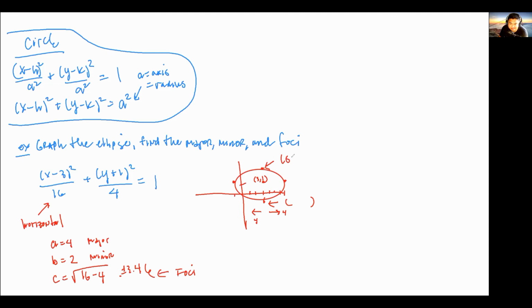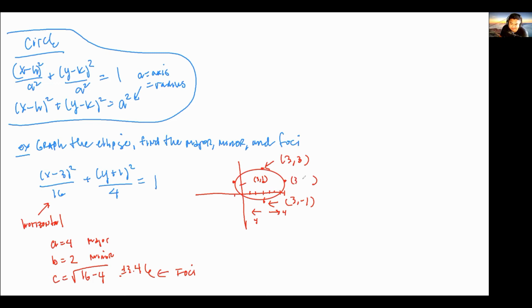This is 5, 1. This is negative 1, 1. Again, I'm just adding 4. I'm adding 2 and oh, I'm still wrong. Crap. No. 3, 3. I'm adding 2 up and then subtracting 2 down. 3, negative 1. Okay.